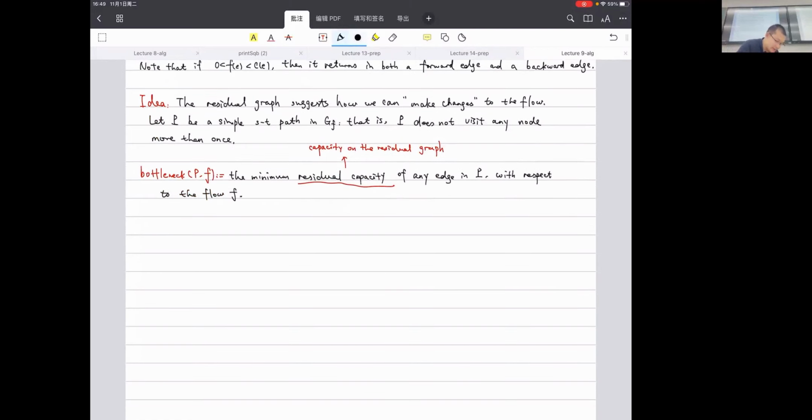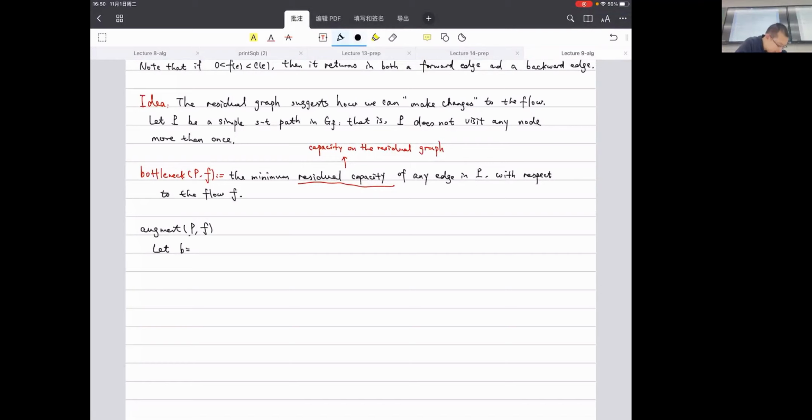The algorithm that we can consider here is called augment. So we write down this algorithm, and we are going to pay specific attention to the forward edge and backward edge, and get a clear understanding of their relationship. So in particular, I'm going to write down the algorithm here.